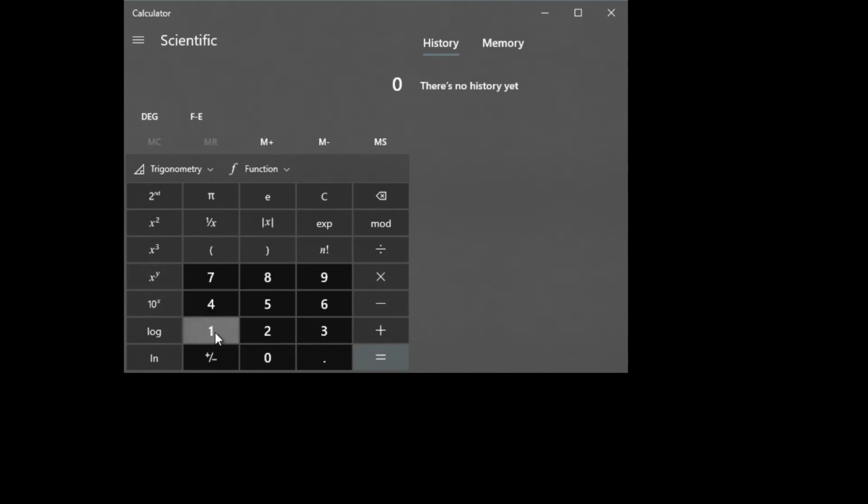This is the way I have to type it into this calculator: 15.104, and that's negative, so I click the negative button after. Some calculators do it before. Times, bracket, 15 minus 6.25, close the bracket, square that answer, plus 800.